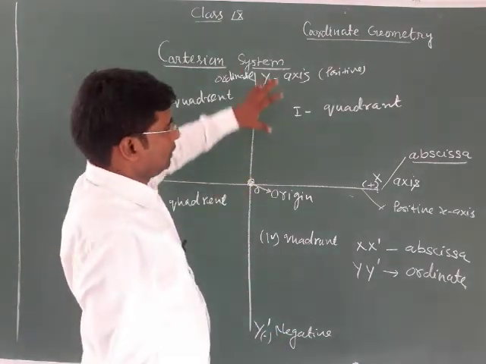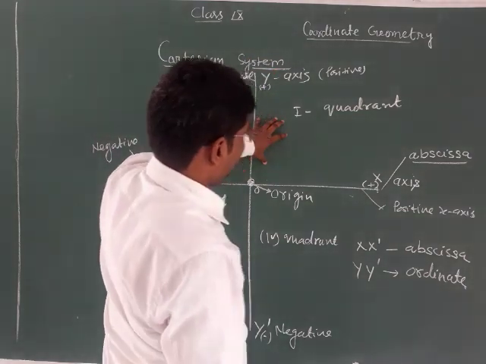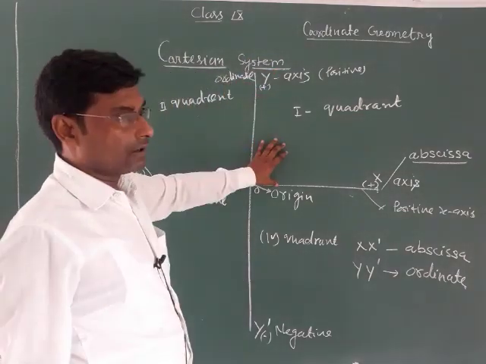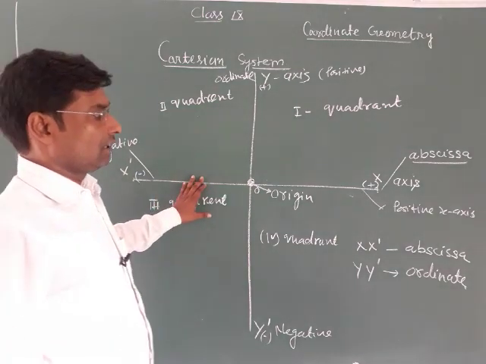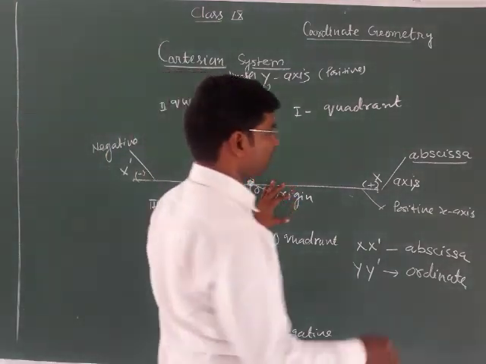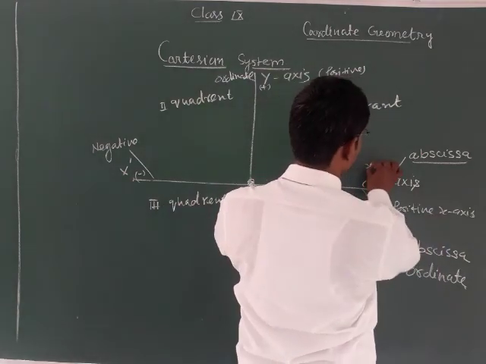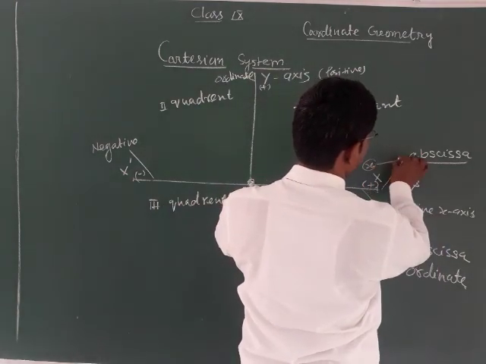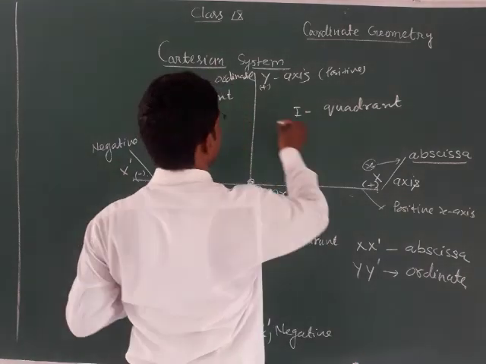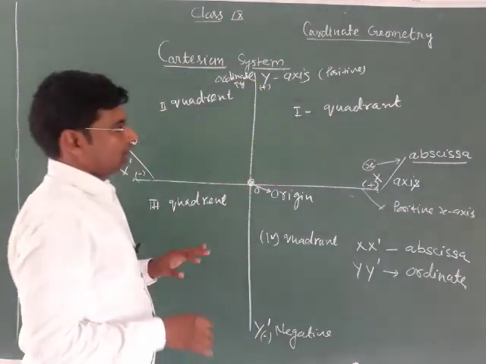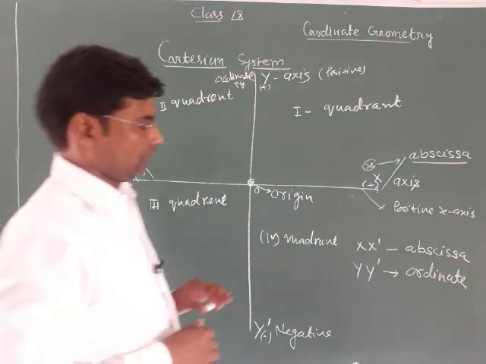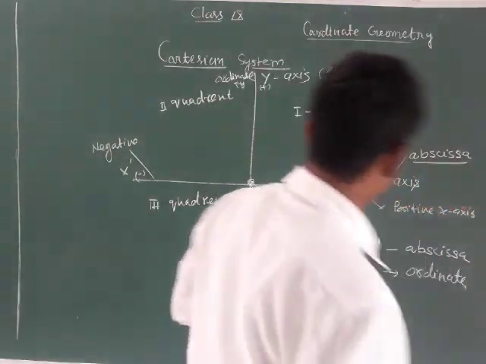So abscissa and ordinate are denoted by small x and small y. Abscissa denotes x, ordinate denotes small y.